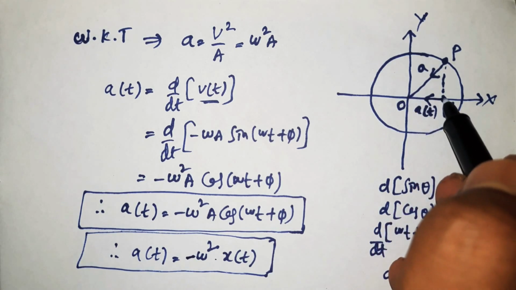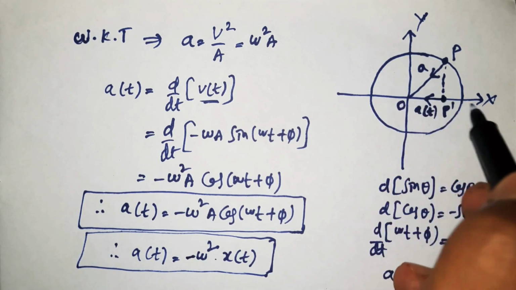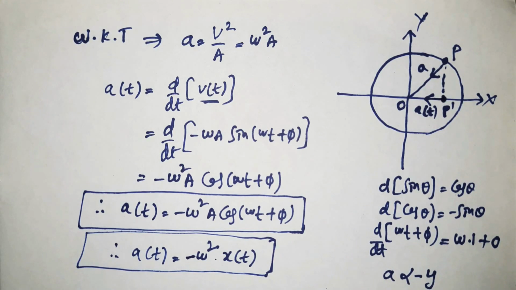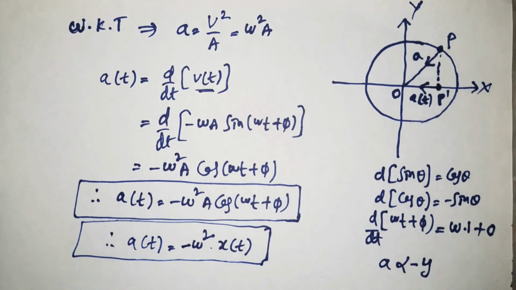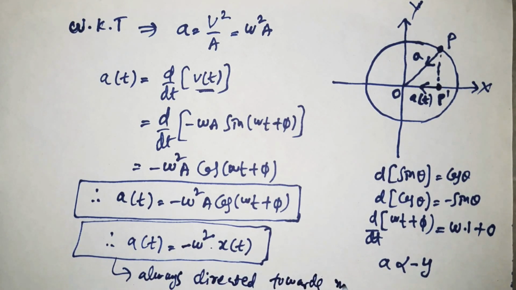So P' executes simple harmonic motion. Here a of t, the acceleration at time t, is equal to minus ω square x of t. Acceleration is always directed towards the mean position.